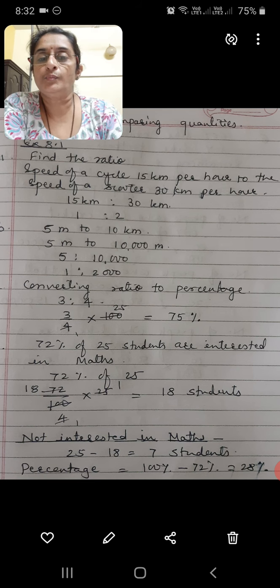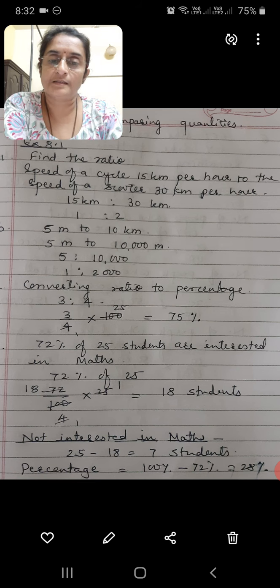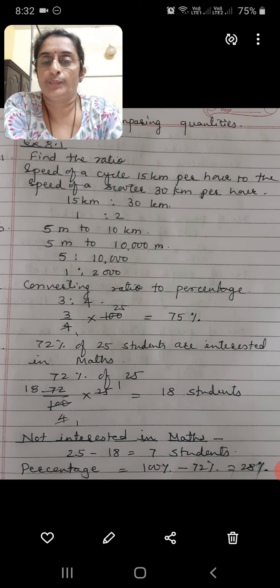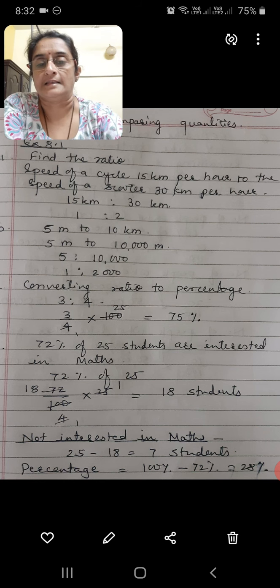So 72% of 25 you have to find out first. So you'll get how many students are interested. So 72% of 25, you have to write it. To remove the percent sign, it goes and it becomes 100. So 72% becomes 72/100. Of becomes into, and 25 as it is. Fine.